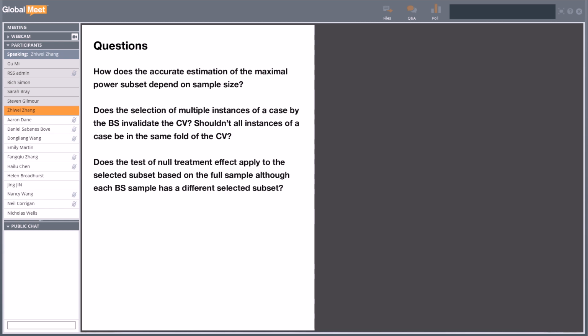So as long as the bootstrap gives me a valid estimate of the sample standard deviation of the point estimate, I'm not sure that it is a big problem that we choose a different subset for each bootstrap sample. But again, that's just heuristics. I don't have a theoretical justification.